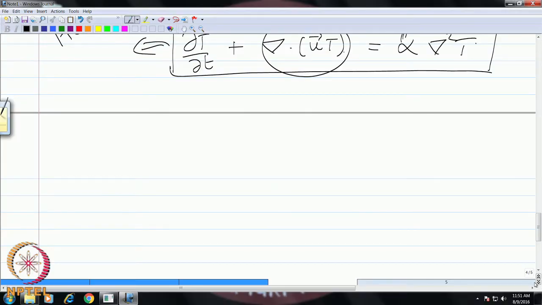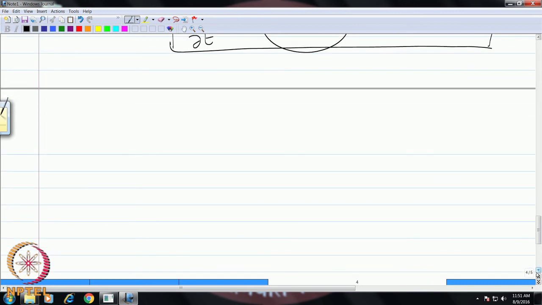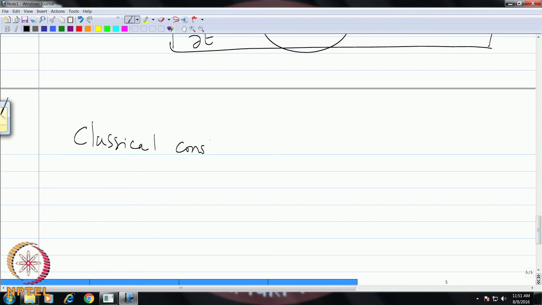Now, the next step that we will be doing is to quickly write down some of the continuum classical constitutive relations. Okay. So, why do we call these constitutive laws?